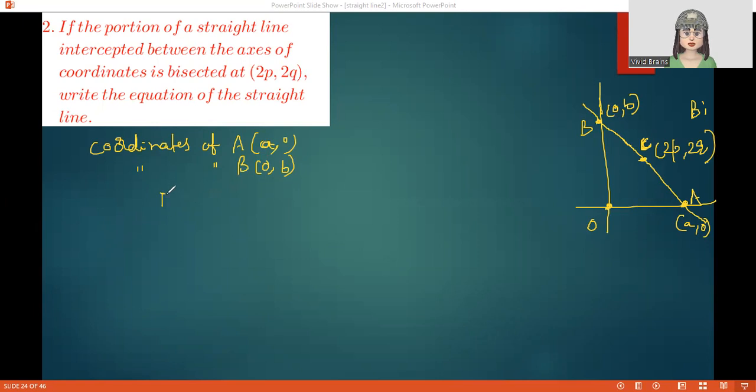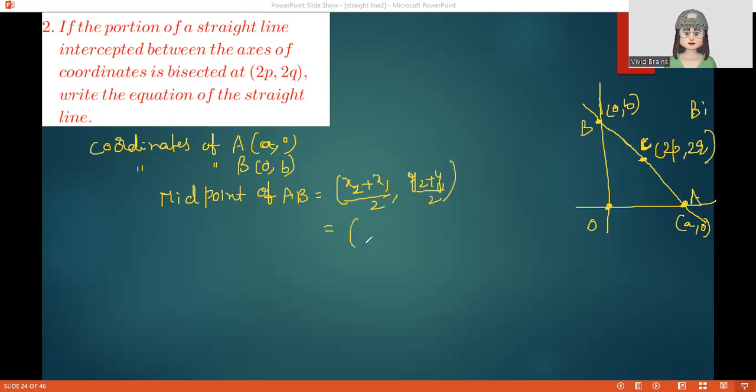Let us find the midpoint of AB. In order to find the midpoint, x1, y1, x2, y2 are the two coordinates. Then what is the formula? x2 plus x1 by 2, y2 plus y1 by 2.